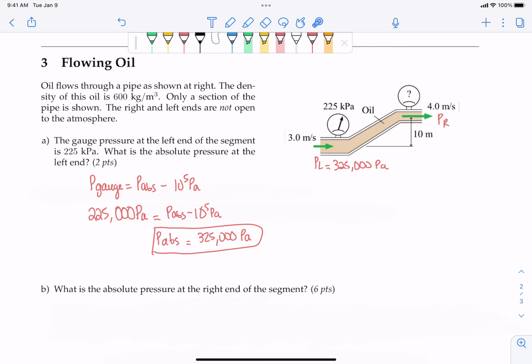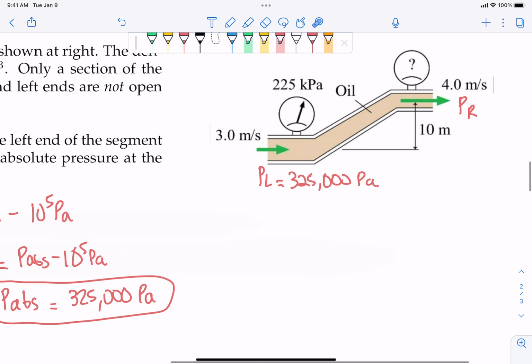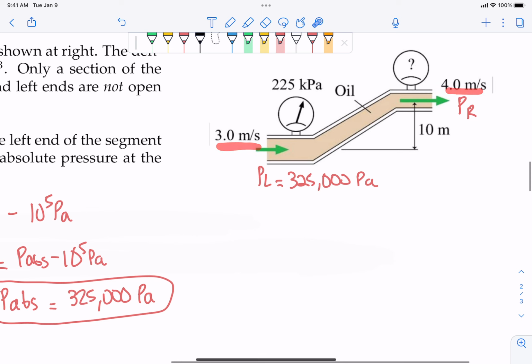Does that mean we have a change in the flow, or would the flow remain constant? Exactly. Flow is always constant. So the change in the cross-sectional area is compensated by changing the speed, 3 and 4 meters per second.